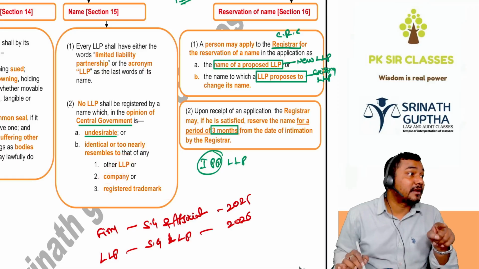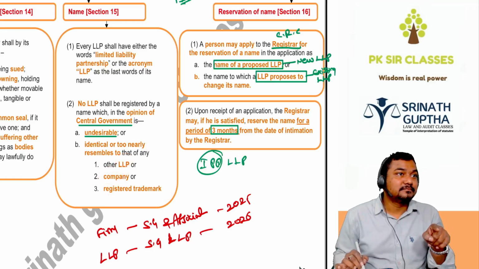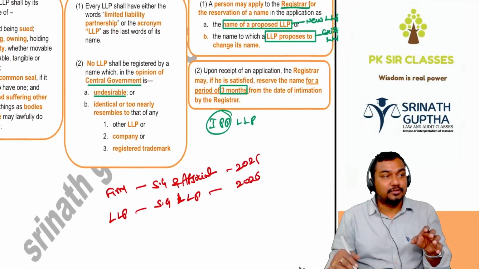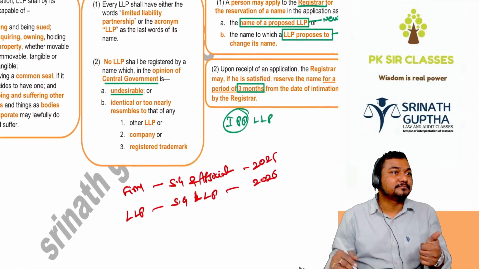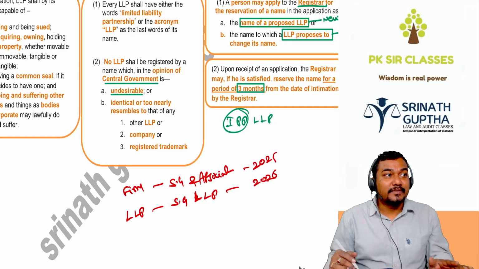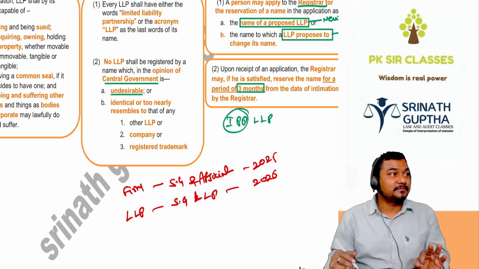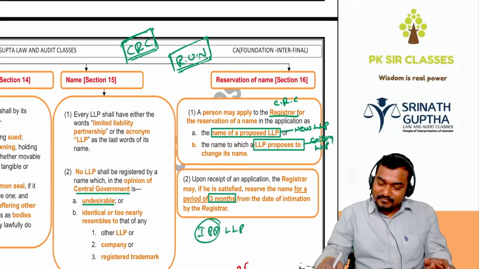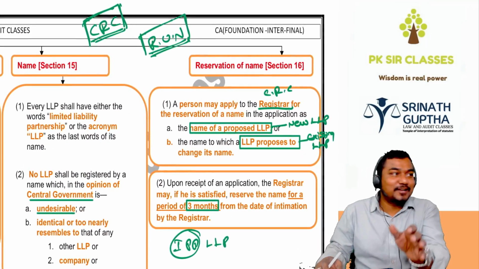Here firm is not specified, beta. Most of the students write yes, it should not be, but it can be. In this question, 4 marks, 6 marks in the exam. That is why we should do the scanner. Scanner is powerful. Name reservation. Bolo bachcho.